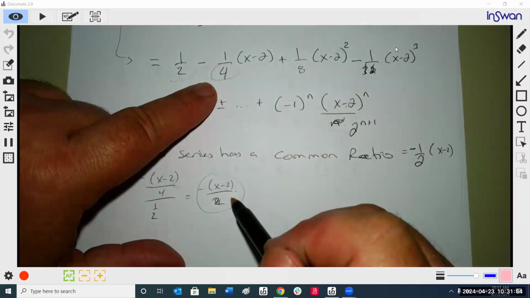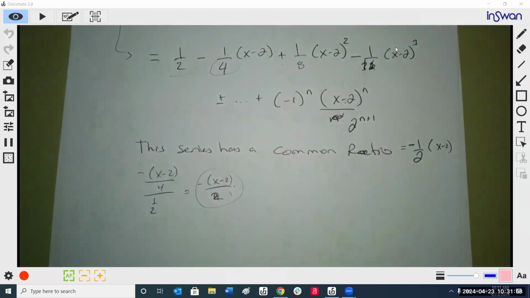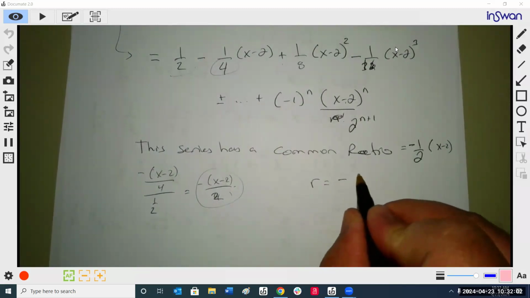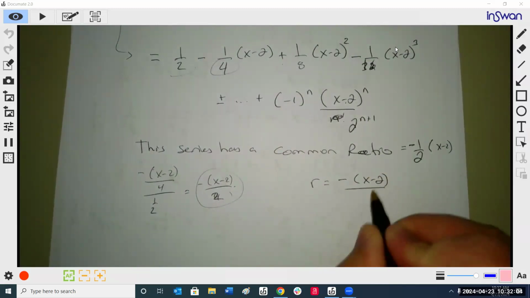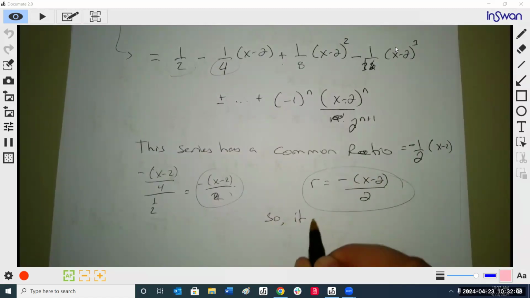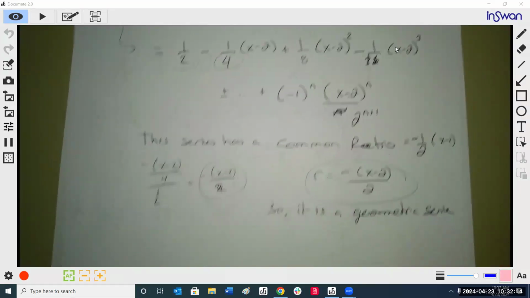It's 1/2 on the bottom. Yep. So our common ratio is negative x minus 2 over 2. So it is a geometric series.